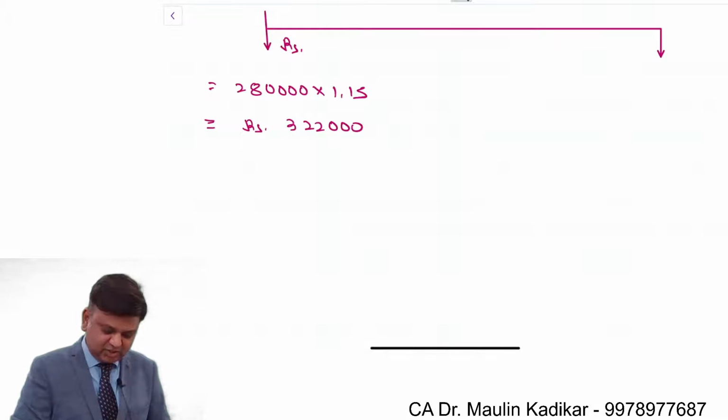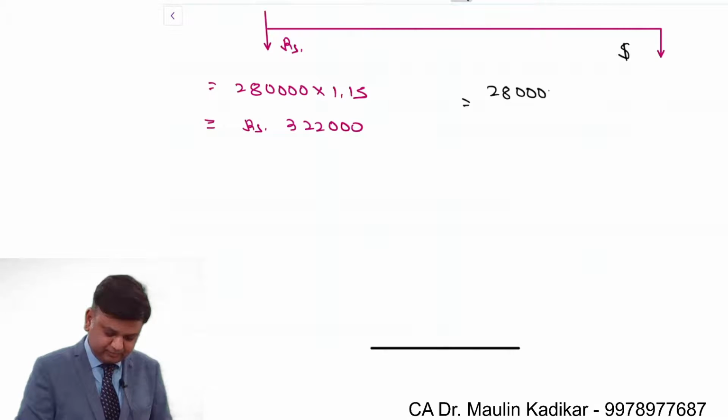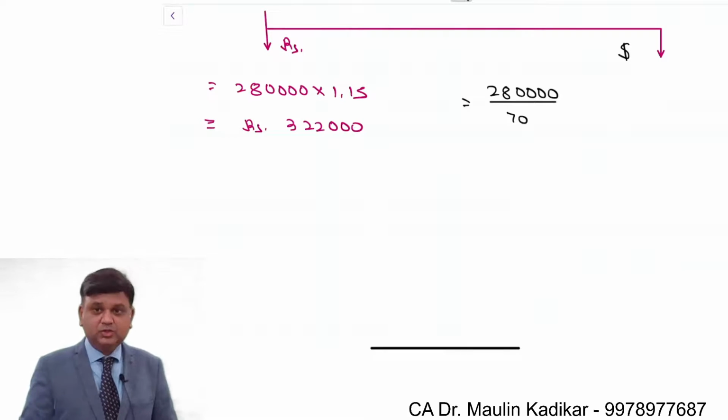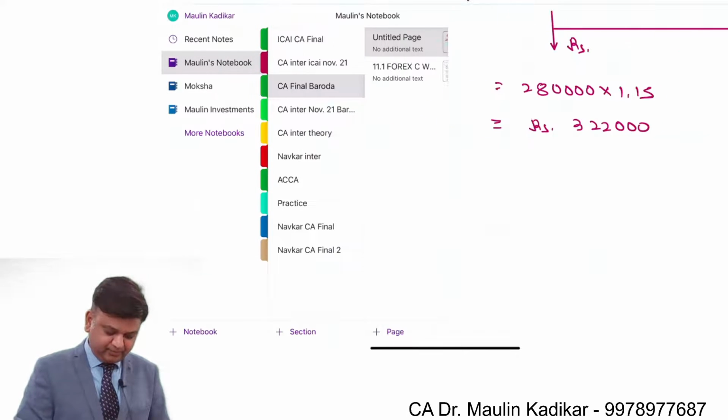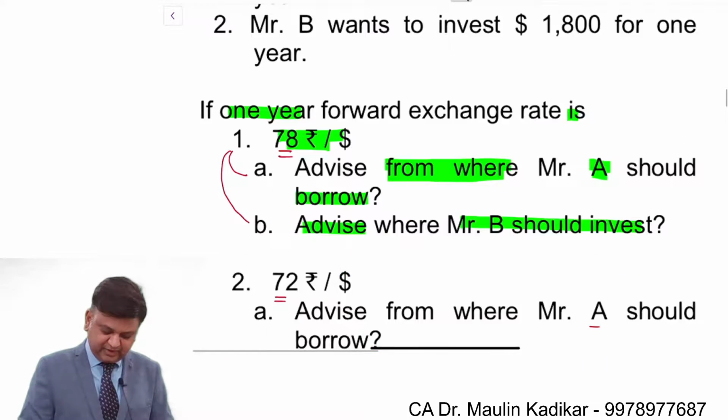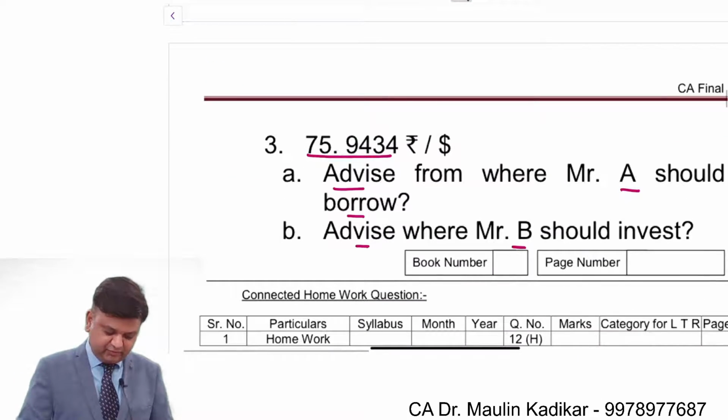And the second is dollar currency, 2,80,000 divided by 70. So this is the dollar that you borrow into 1.06 into forward exchange rate 75.9434.